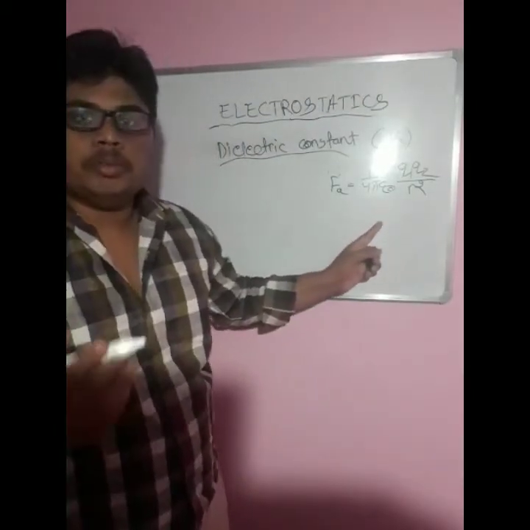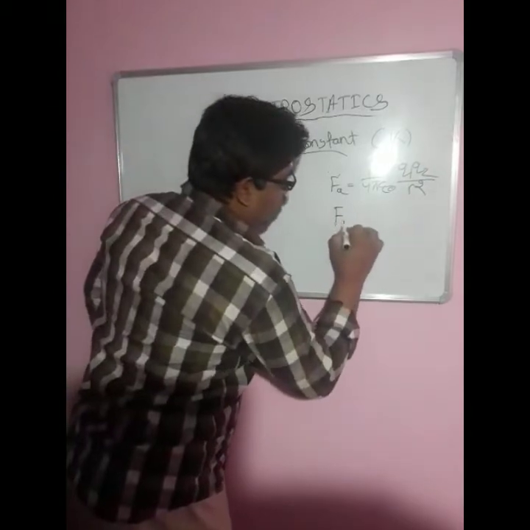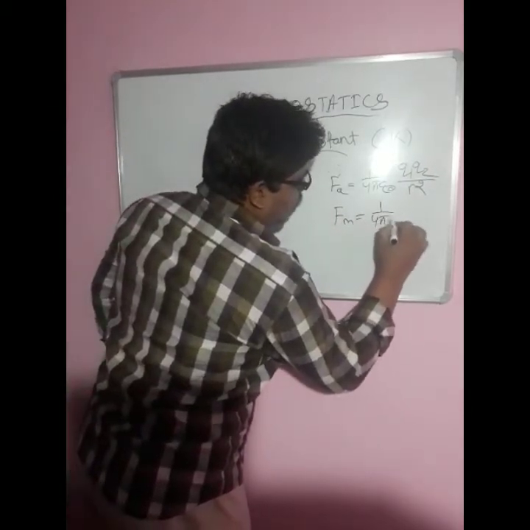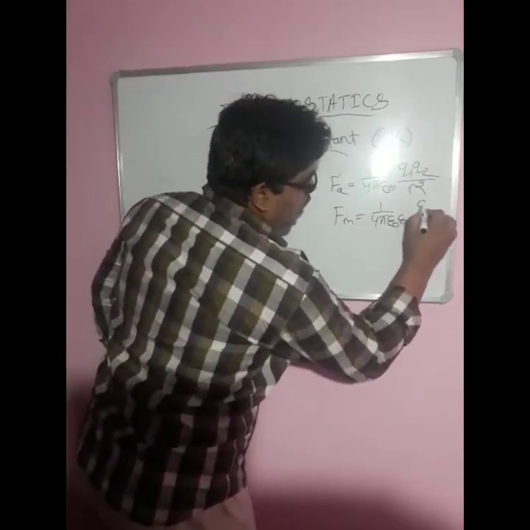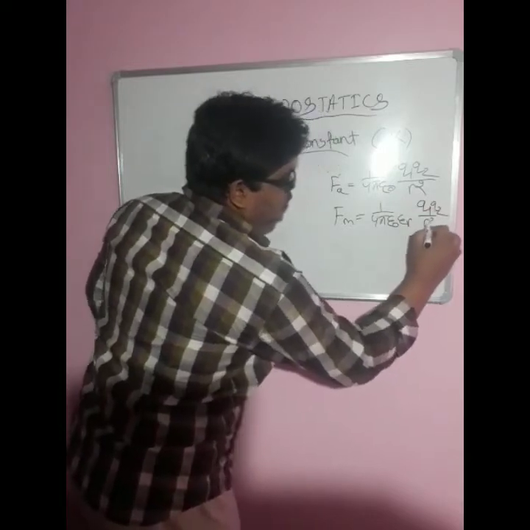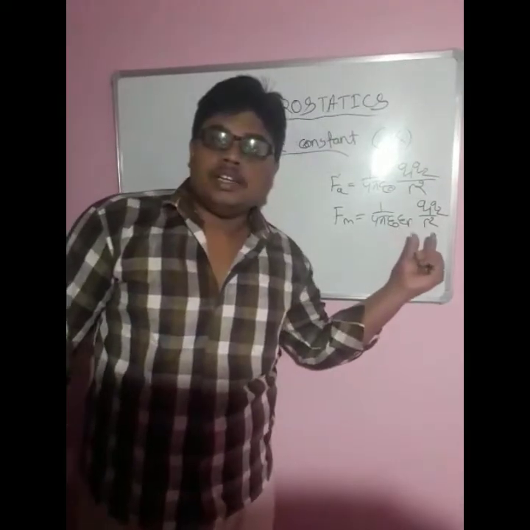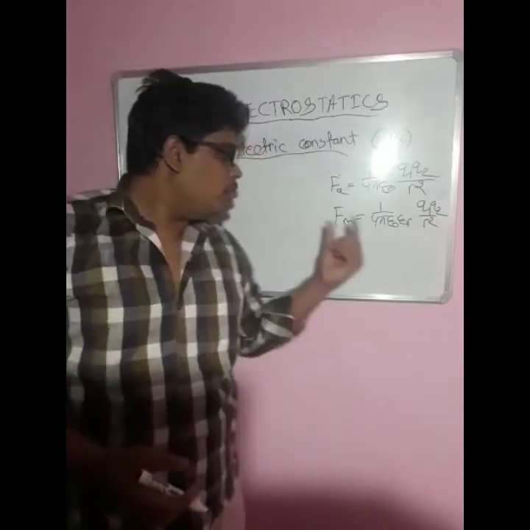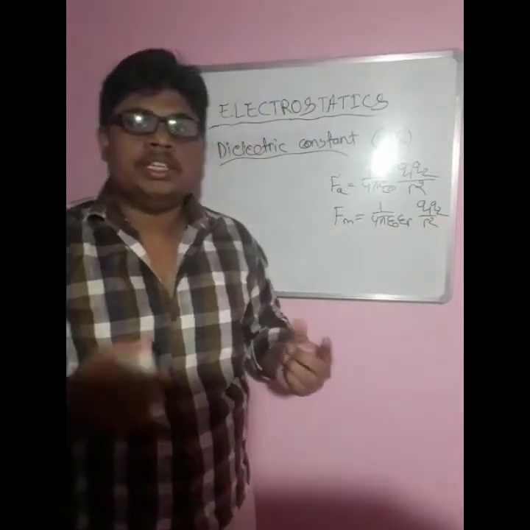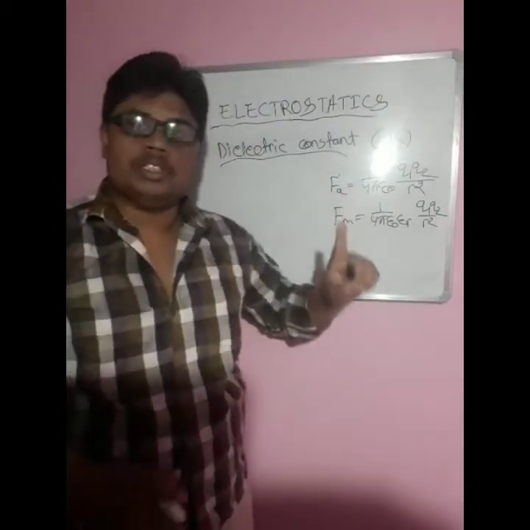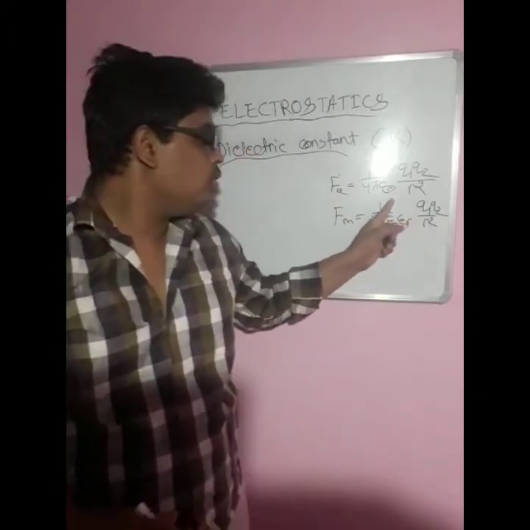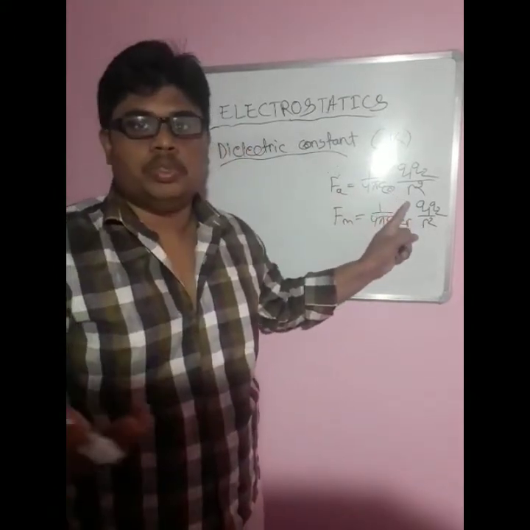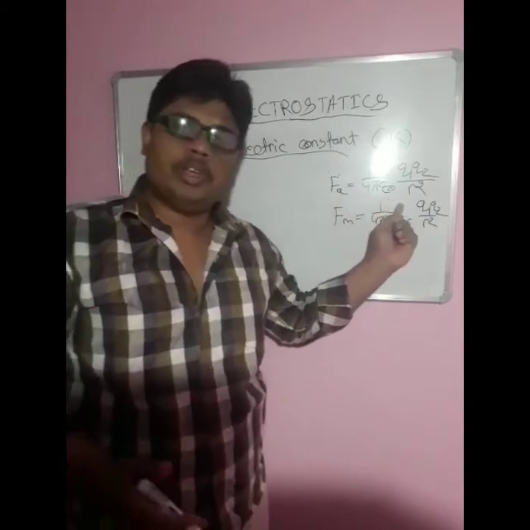Epsilon 0 is the permittivity in vacuum, and for a medium it's 1 by 4 pi epsilon 0 epsilon r times Q1 Q2 by R square. Epsilon r is the relative permittivity. For a medium, the relative permittivity is not equal to 1. For vacuum, it's 1. That's why I don't write epsilon r, because putting the value 1, it is 1 by 4 pi epsilon 0.